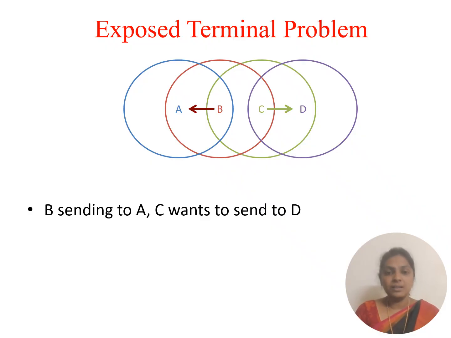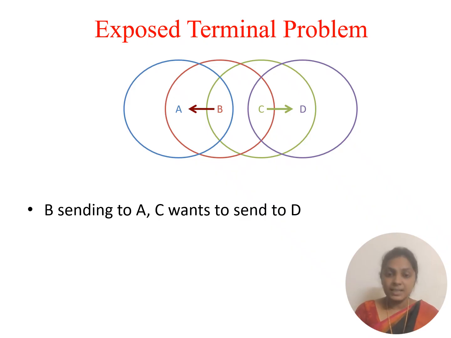So C understands, since it is a broadcast radio signal, that B has started a transmission. But the intended destination is only A, not C.